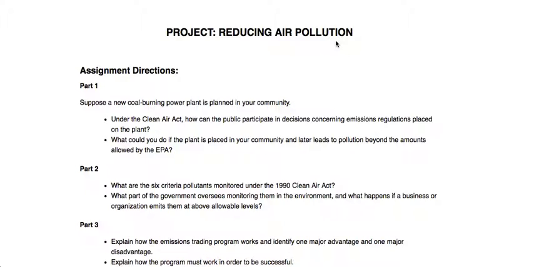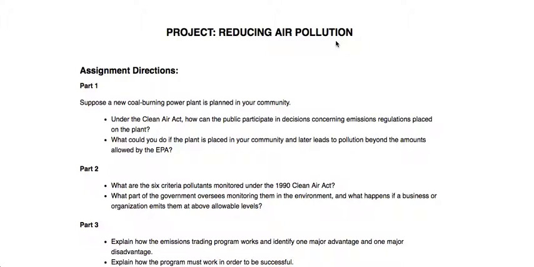Talk about how all the monitoring is present in there. And then finally, have a discussion about the opportunities to take direct action to get pollution in your community cleaned up. So that's what we would be looking for in part one.